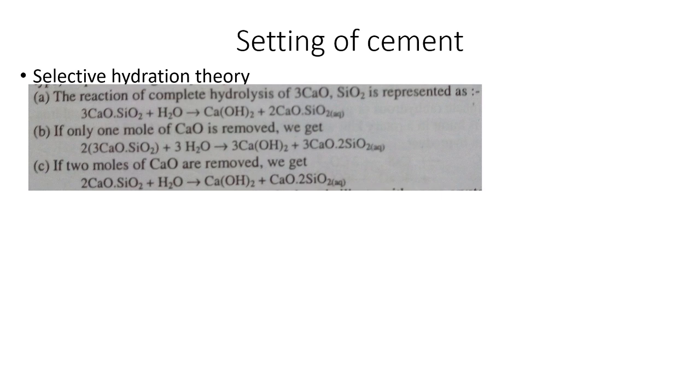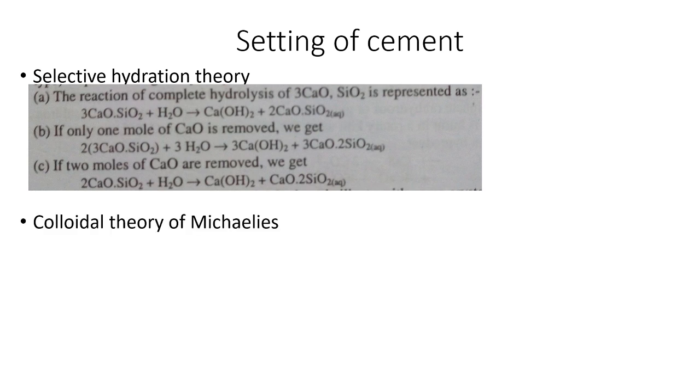The strength of cement is due to interlocking of minute crystals deposited from supersaturated solution. So when water is added, it becomes hard because of interlocking of these minute crystals which are formed and deposited. This is the selective hydration theory, which explains the formation of the hard mass.